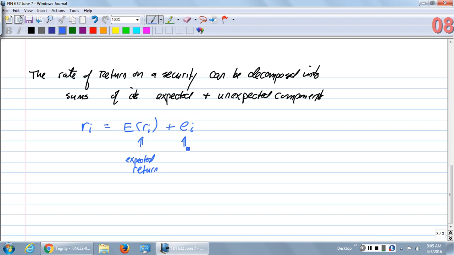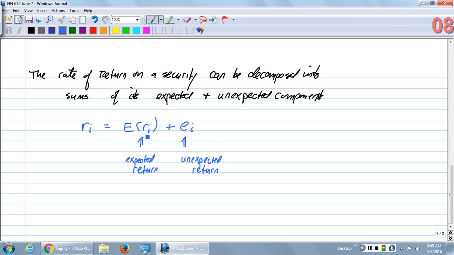This is the unexpected return. So what does that mean? Well, we may have a pretty good handle on what we think the return is going to be on Walmart next period, or Nike, or Home Depot. Okay? And so we've got a pretty good expectation of what the return's likely to be. Well, that's this first component.